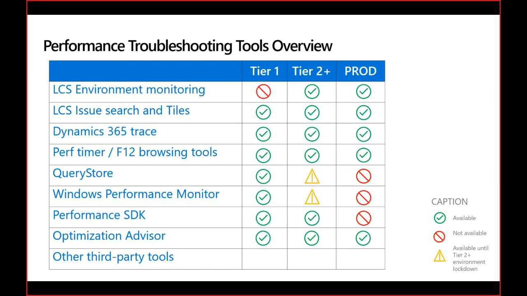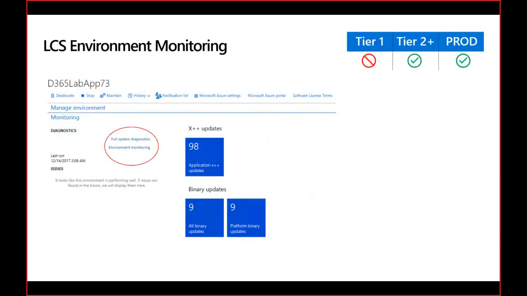There are other third-party tools that could be used, like PSPing, Fiddler, and many others. The ones with an exclamation mark are the tools that are still available on the Tier 2 plus environments, as long as we have RDP access. Whenever we change this and go to more lockdown of these environments, we of course have to make sure there are other ways to access this performance data.